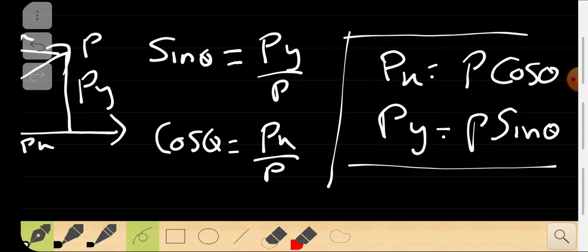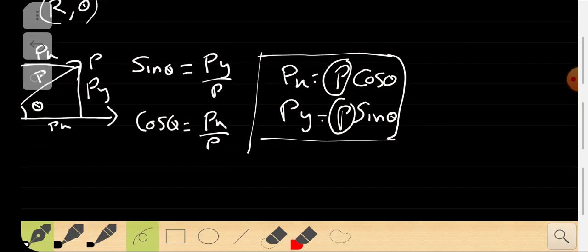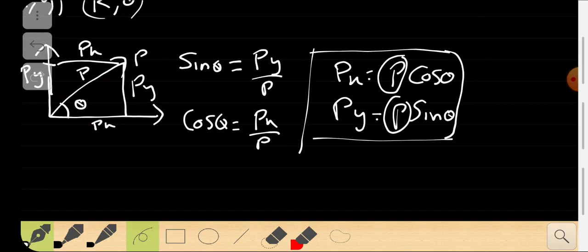Now you have introduced a changing coordinate system where you have px and py in terms of p, the magnitude of p, and theta. So this p is actually called the radius. If you want, you can consider that as the radius or the magnitude itself.